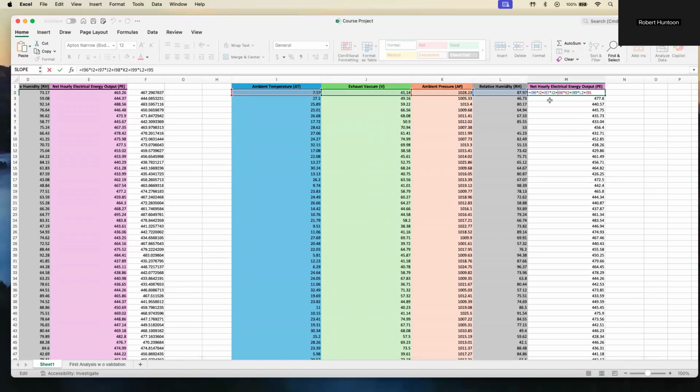Finally, using the output metric of electrical energy output, I was able to evaluate the performance of my final model, with a multiple regression model and the random forest model, and the root mean squared error metric, and perform the validation as well. So thank you very much.